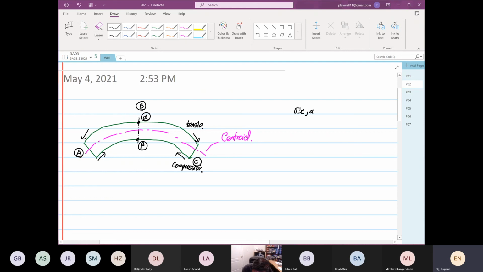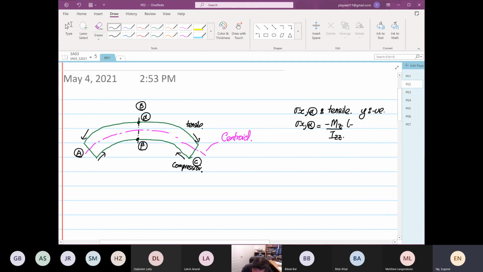And at alpha now is going to be in a tensile mode. So for equation 1 to be tensile, Y has to be what? Negative, right? So stress X alpha is equal to minus Mz over Izz.